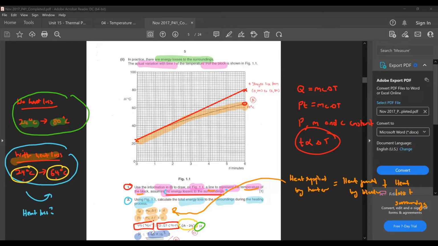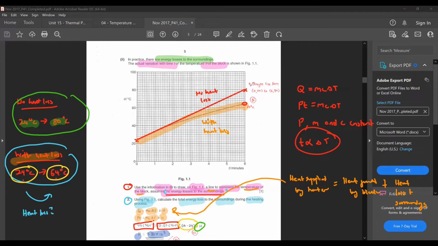Okay, right. Now, there's also another different way of finding the heat loss. That one is by looking at the graph itself. You see, in your case, you look at the graphs that you've just drawn, the two lines. The one that you drew, this one is the one with no heat loss. Then the one at the bottom is actually with heat loss.